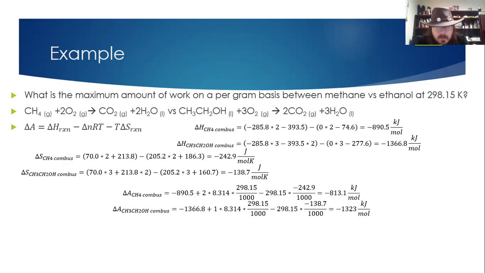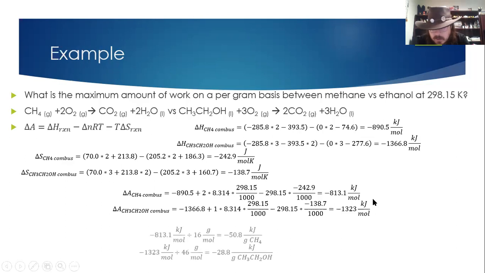If I want to do this on a per gram basis to see which one of these is going to be able to produce more energy, we have to turn moles into grams. So we're going to need to multiply by the molar mass. Methane is 12 plus 16 grams per mole, while ethanol is 12 times 2 plus 6 plus 16, 46 grams, much heavier.